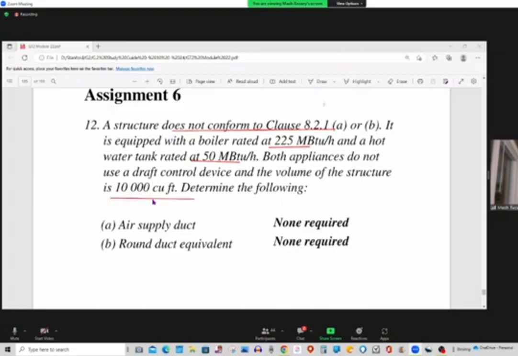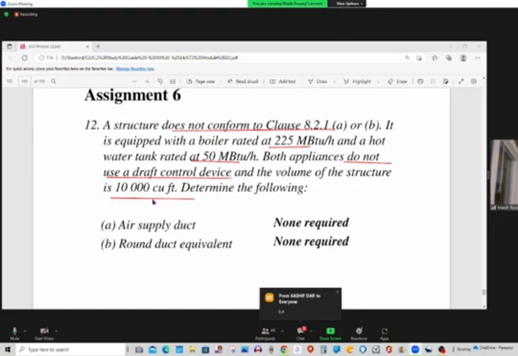Mr. Jamal, first, it said do not comply with clause number 8.2.1. What does it mean? That should be a loose house. In a loose house, which table? Here, do not use draft control, so 8.4. Both of them do not have it, so you add them together, 225 and 50, how much?